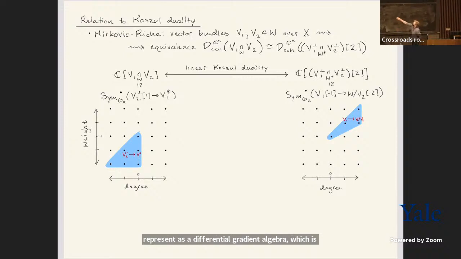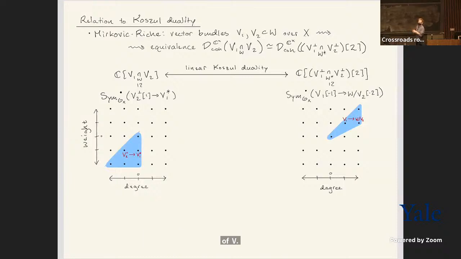And this two-term complex is a kind of evident one associated to this pair of bundles. So this is a two-term complex of coherent sheaves on X, where V1 dual is, again, sections of the dual bundle of V1. Just as a sanity check, the symmetric algebra of V1 dual is just the coordinate ring of V1, the total space of the bundle V1.